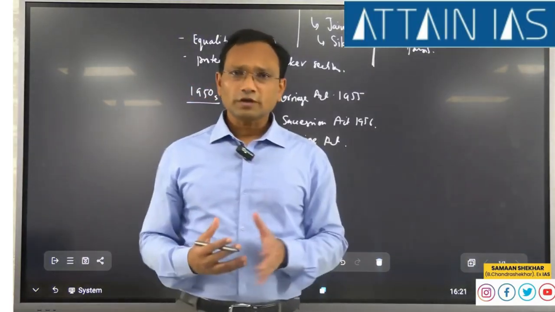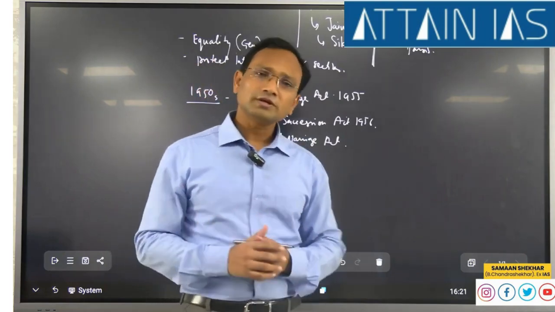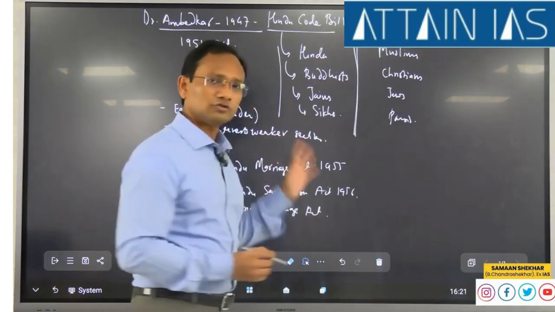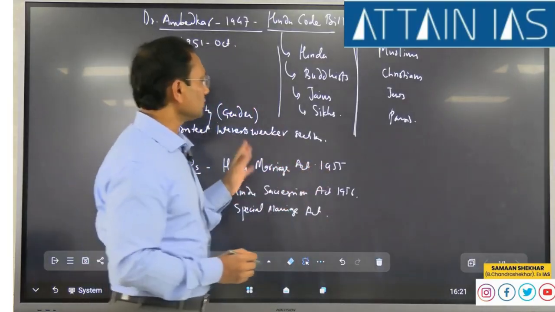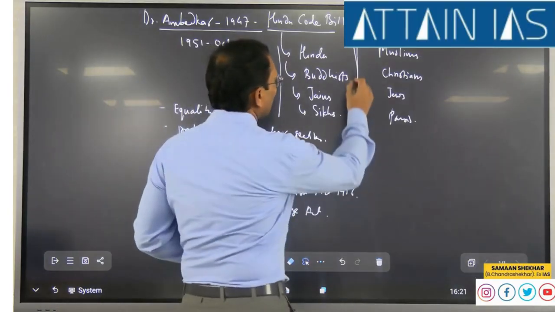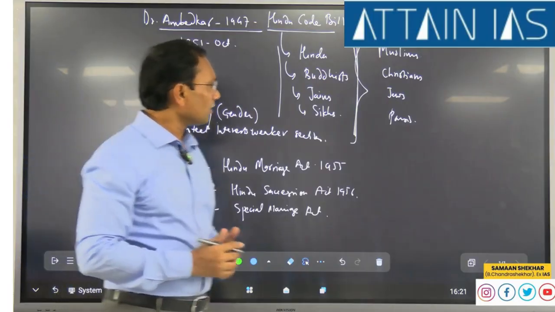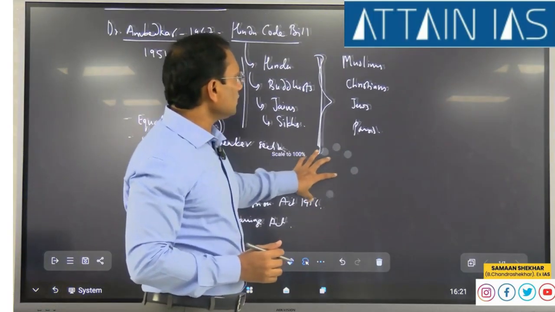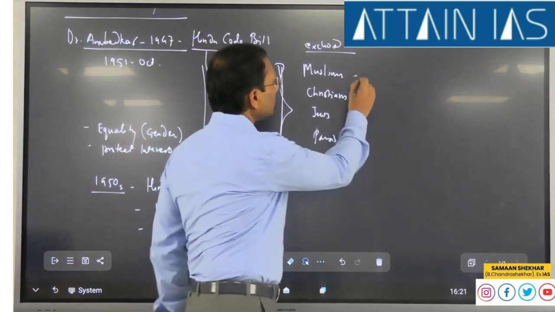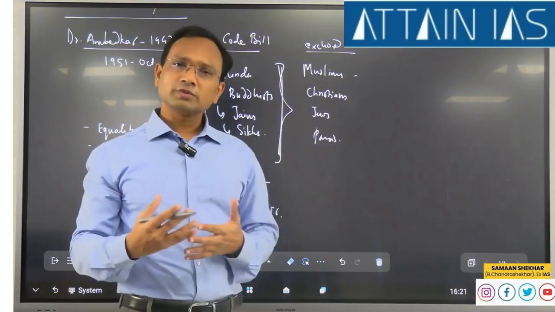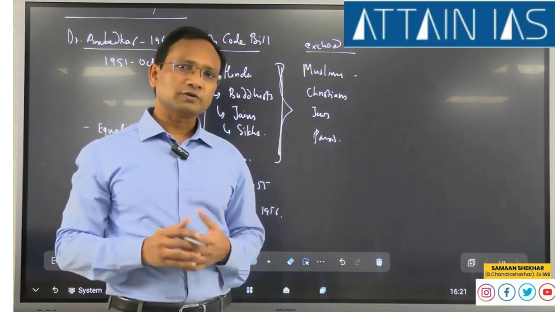This, of course, brought some sort of uniformity in matters of marriage, divorce, maintenance, adoption and succession, as far as these people are concerned. However, we would see that Muslims and Christians continued to be governed by their respective personal laws.